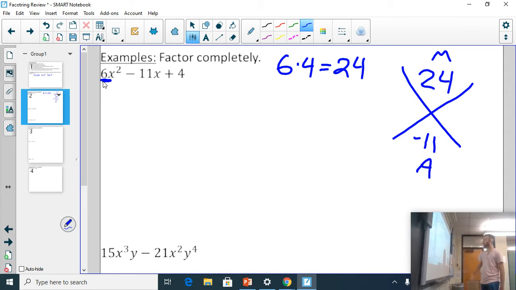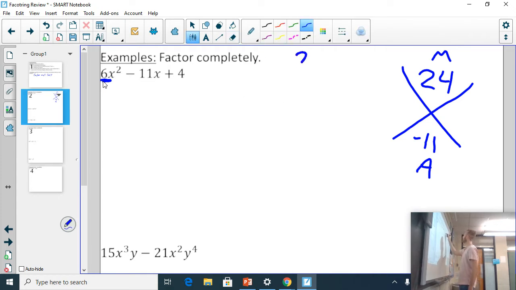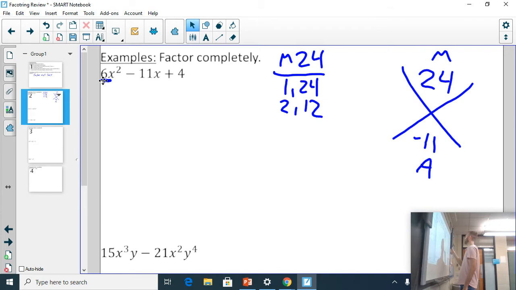Now I'm just running through my head of what numbers those could possibly be. And if you ever have trouble, just list the multiples of 24. Just start listing them. We have 1 and 24. That won't get me there. We have 2 and 12. That's close, but that won't work.